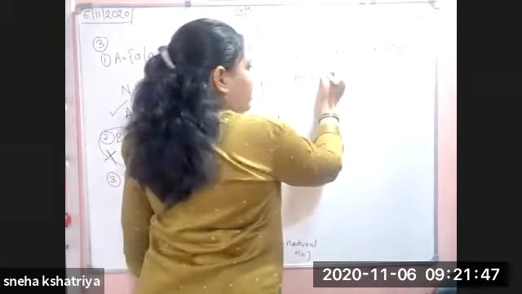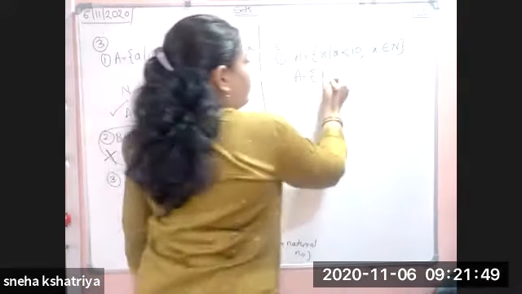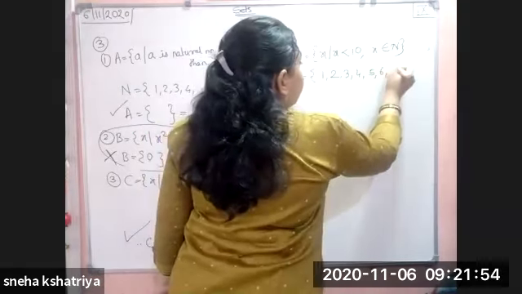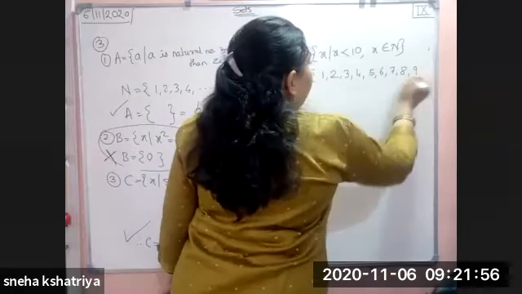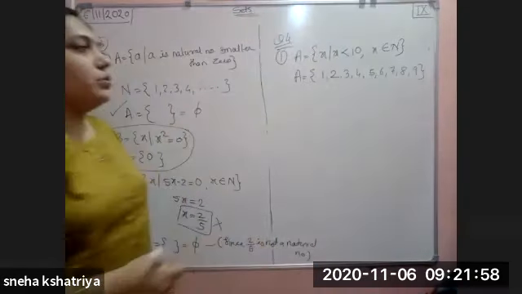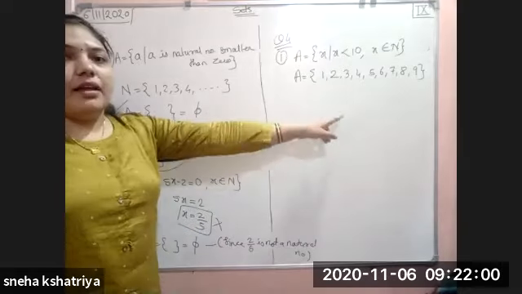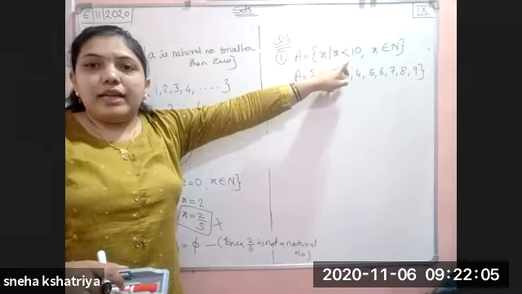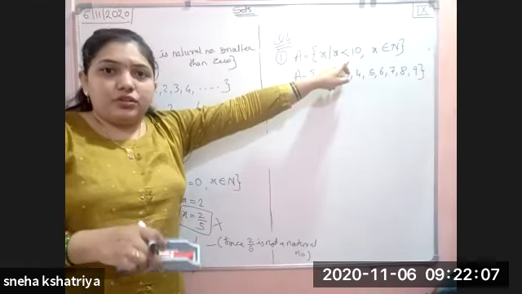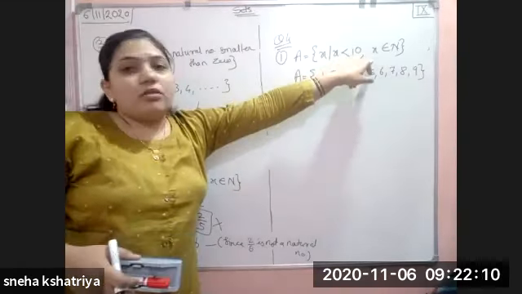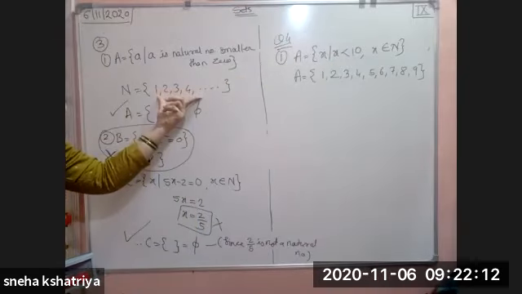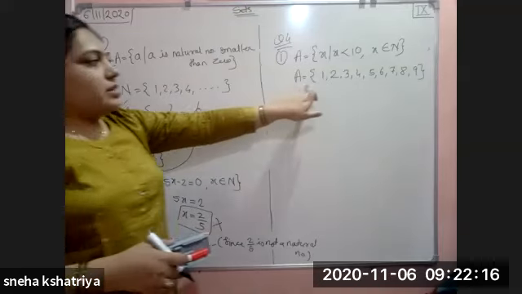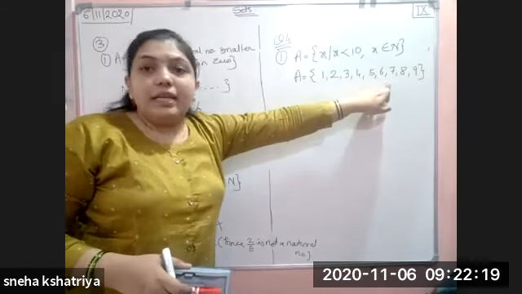It starts with natural number 1, then 2, 3, 4, 5, 6, 7, 8 and 9. Up to only 9 I am going to take because the condition is that x should be less than 10 and belong to natural numbers. As we know, natural numbers are 1, 2, 3, 4, 5, 6 and so on infinitely. So A is equal to {1, 2, 3, 4, 5, 6, 7, 8, 9}.